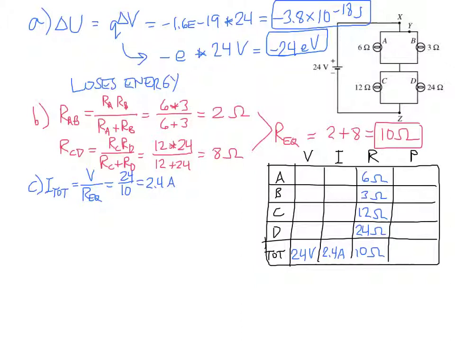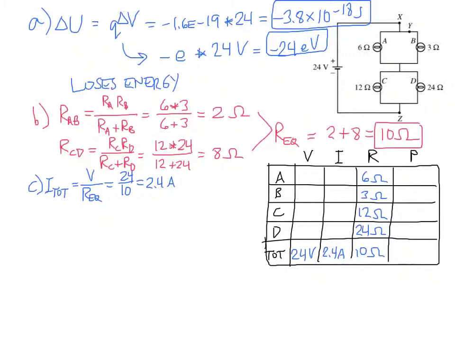Then we can start looking at the parts of the circuit. Since A and B are in parallel, that means they have the same voltage across them. And since C and D are in parallel, that means they have the same voltage across them. The voltage across A and B, when added to the voltage across C and D, is going to be the total voltage of the circuit, since voltages in series add together.